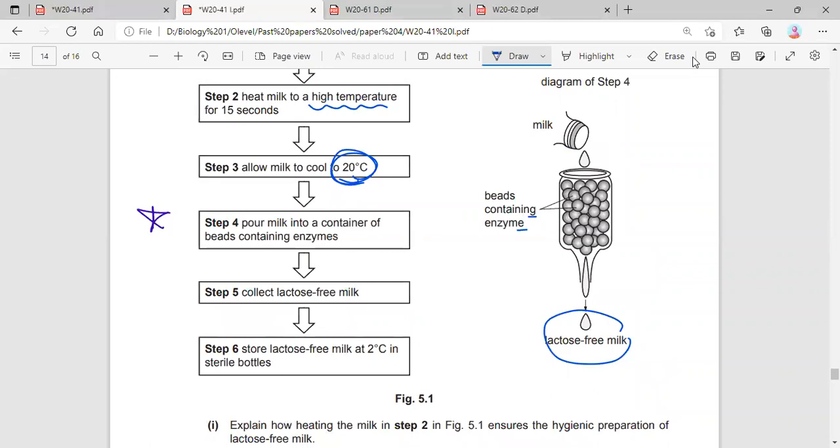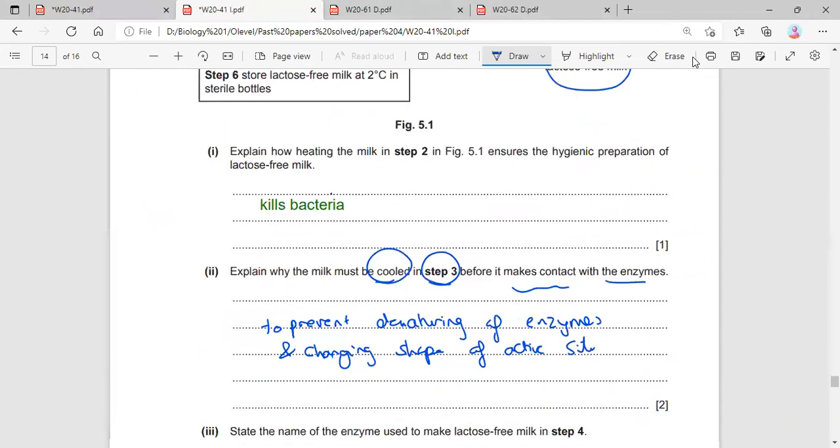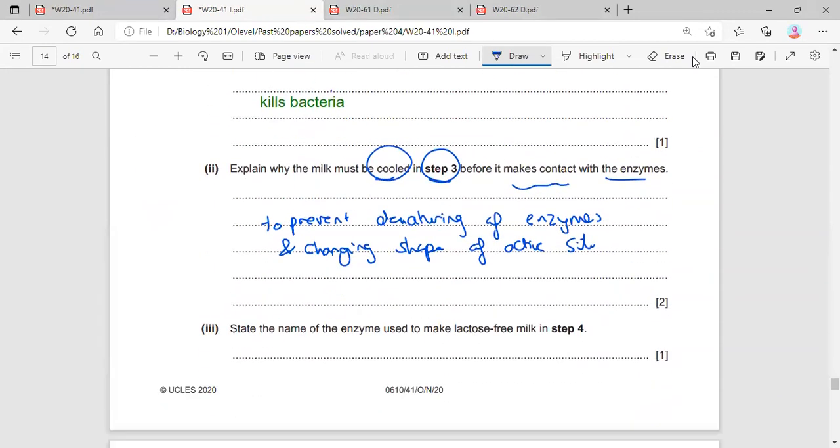You will add the milk on the lactase enzyme. If the lactase is denatured, the lactose sugar will not be broken down. Prevent the denaturing and changing the shape so that lactose sugar can be broken down.